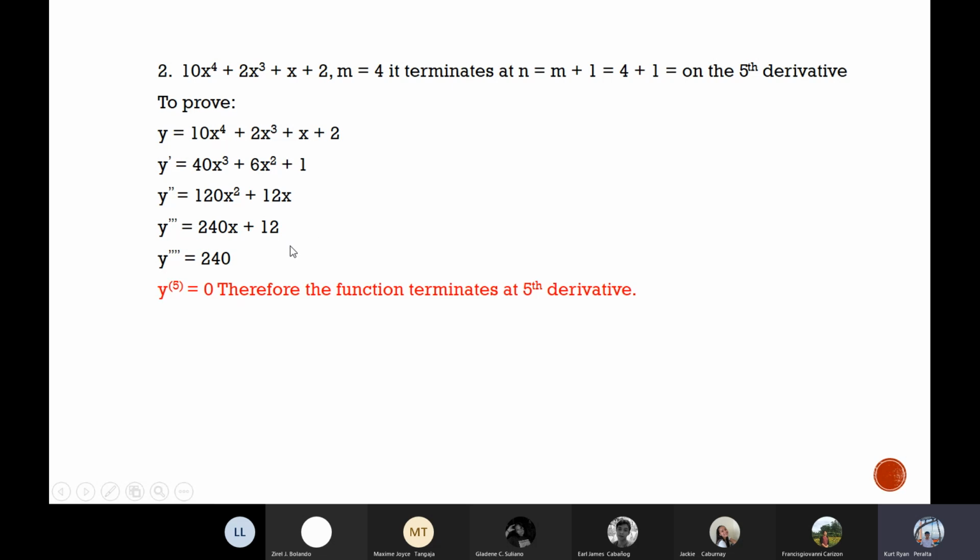And then the third derivative is 240x plus 12. And then the fourth derivative is 240. And then we have the derivative of the constant, which is 0. So the fifth derivative is 0. Which is same ra po diri sa atong nakuha based sa given formula, which is the fifth derivative. So therefore this function 10x to the fourth plus 2x cubed plus x plus 2 terminates at the fifth derivative.